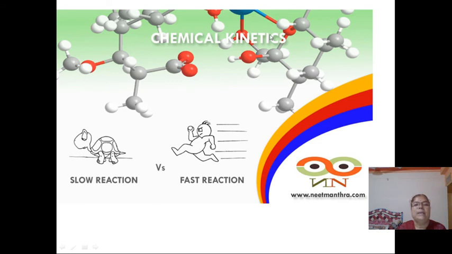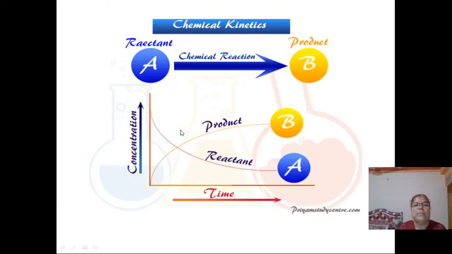And here chemical kinetics deals with the reactions which take place with moderate rate. Okay, then chemical kinetics deals with the study of rate of reaction or velocity of reaction and the mechanism by means of which a reactant gets converted into product.